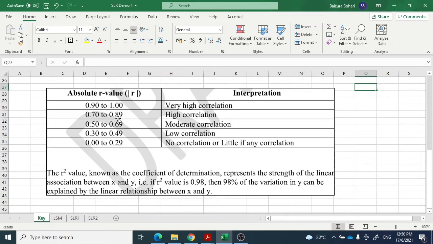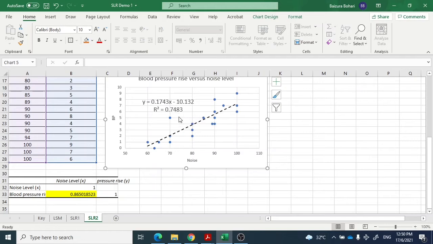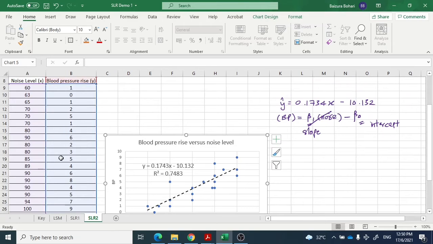Here 0.86 is considered high correlation or a strong correlation, with our R squared equal to 0.7483. We can also say that 74.83% of the variation of the blood pressure rise is well affected by the noise level. So we can see that the relationship of the blood pressure rise is due to the noise level.